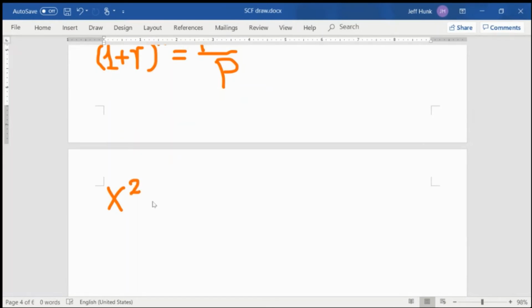So x squared, and x cubed. Now, first of all, we know if we take the square root of x squared, it will turn into x. We can get rid of this exponent.